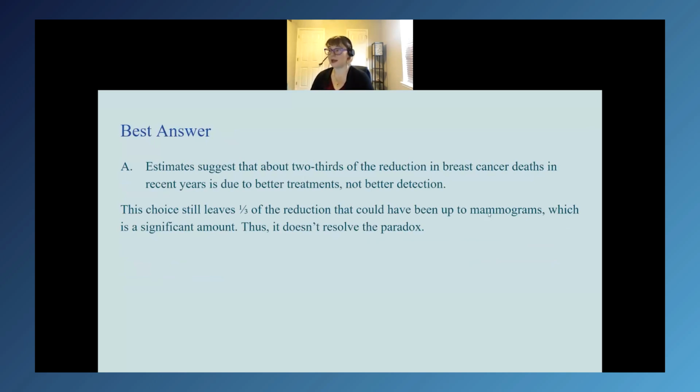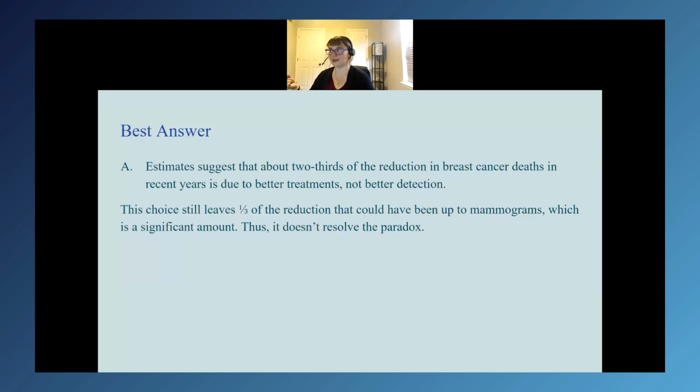The answer that does not resolve the paradox is this one. Estimates suggest that about 2/3 of the reduction in breast cancer deaths in recent years is due to better treatments, not better detection. Even if this was true, that is a whole 1/3 of deaths that could have been up to mammograms.